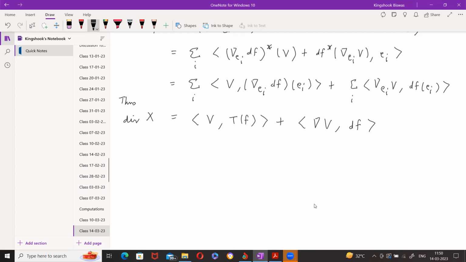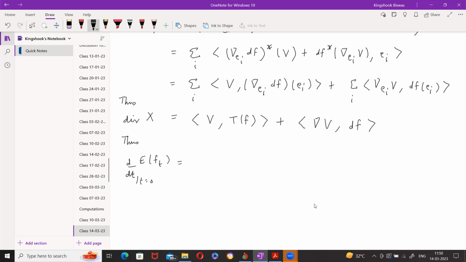Okay. So now we can compute the first variation of energy. d/dt at t equal to 0 of the energy of Ft.